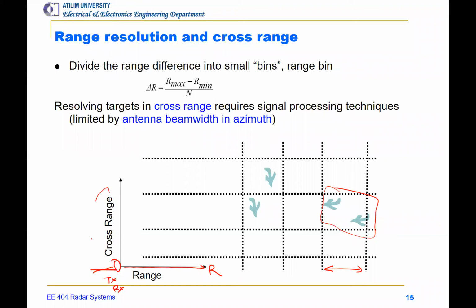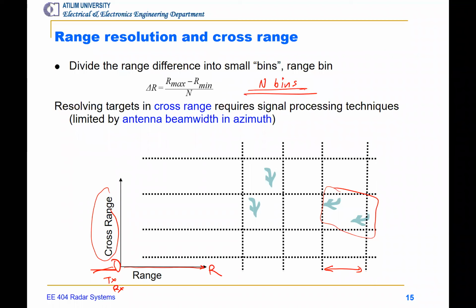Okay, the cross range is simply perpendicular to the range axis, and it is related to the antenna properties of the radar, the beam width of the antenna, especially in azimuth or elevation. So cross range might be either azimuth or elevation. Range is simply the distance. Over the range, mostly we divide the maximum and minimum range into n beams.